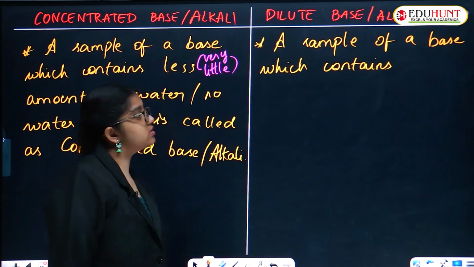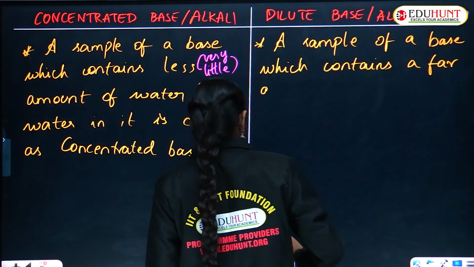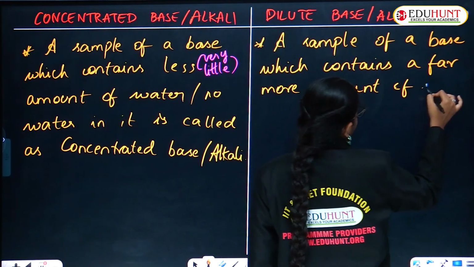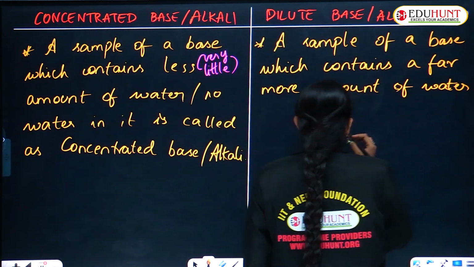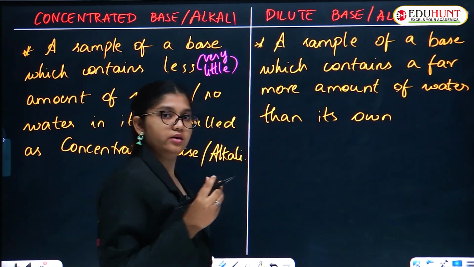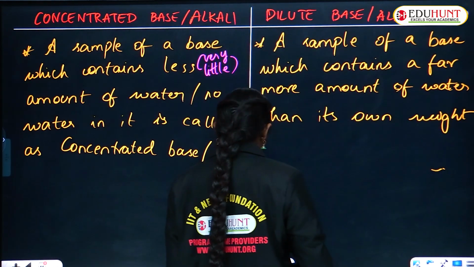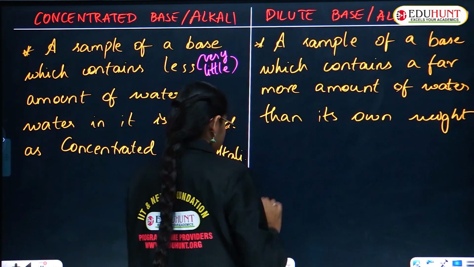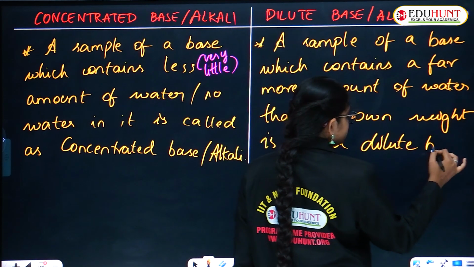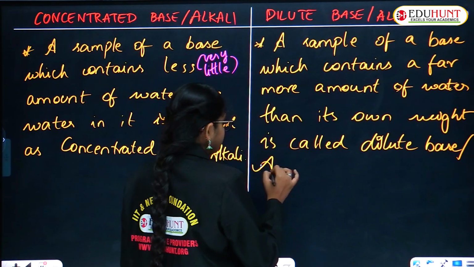So a sample of a base which contains a far greater amount of water than its own weight, in the sense the weight of the particular base, is called dilute base or dilute alkali.